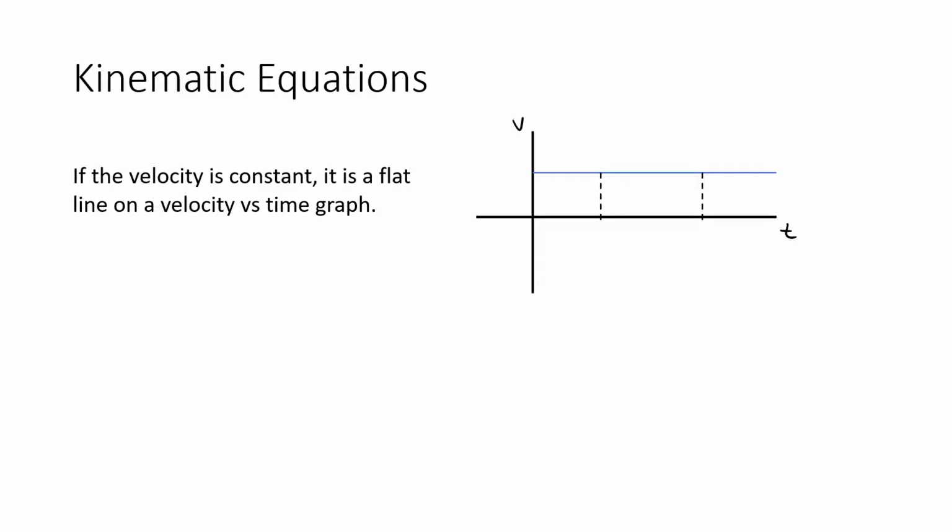I'm just going to say these two dotted lines. That first little bit we call first time, second little bit, second time. And this blue line I'm going to call the initial velocity.